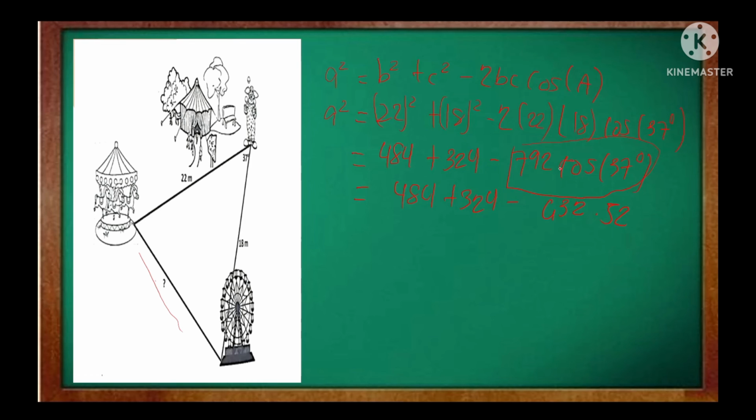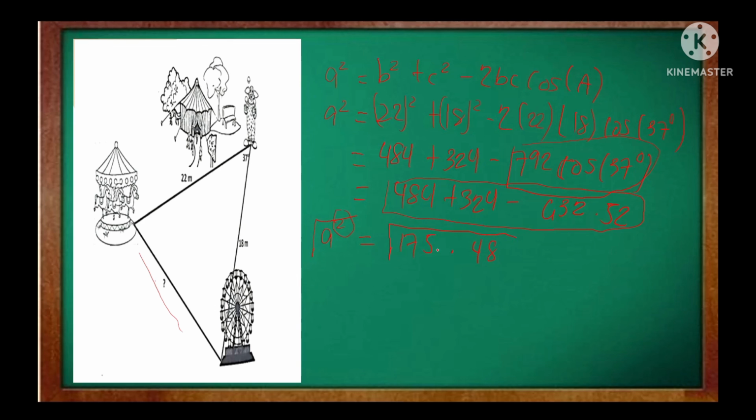So, pwede na natin itong idiretso sa pag-compute sa scientific calculator. So, yung result dyan o yung lalabas na sagot sa scientific calculator is A squared is equal to 175.48. Since merong naka-squared yung ating side A dito, we need to take the square root of both sides para mawala yung square.